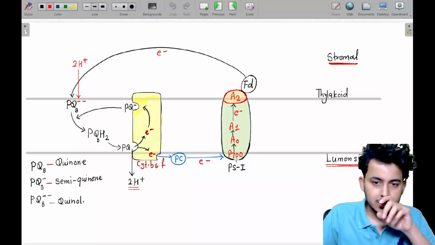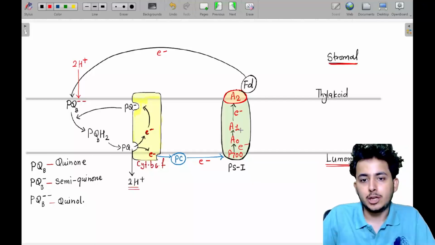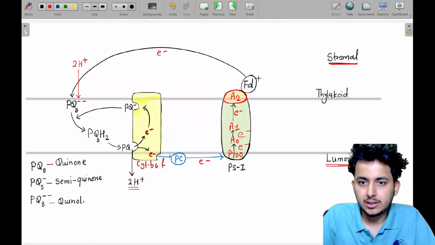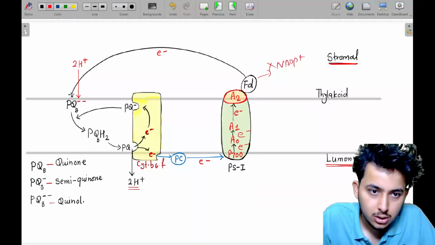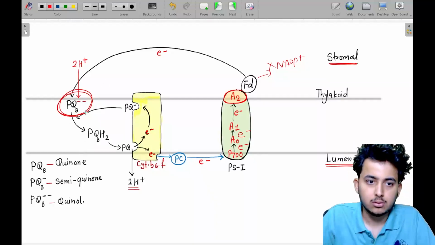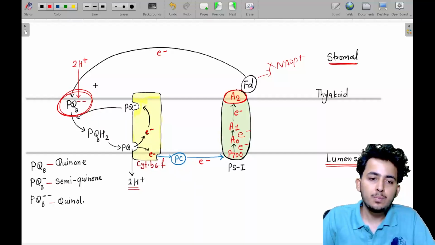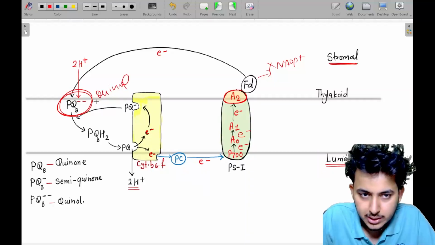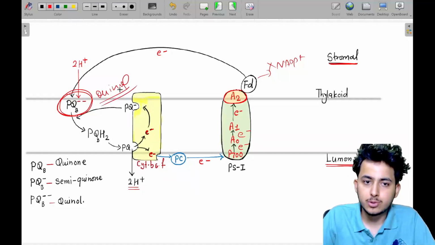Since this is PS1, electrons are moving from A0 to A1 to A2, then to ferredoxin, and then not to NAD plus, but to the quinone B, that is the plastoquinone B. Electrons cause it to form the semiquinol, and when another electron gets added it forms quinol.